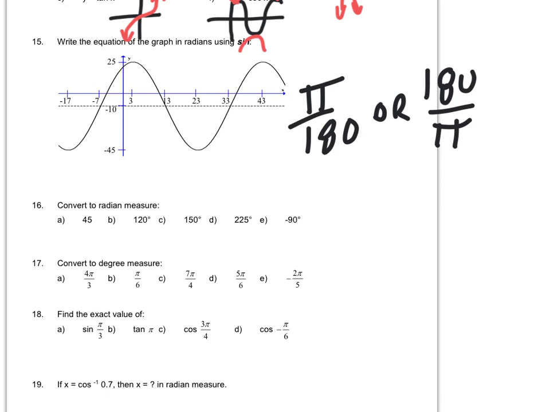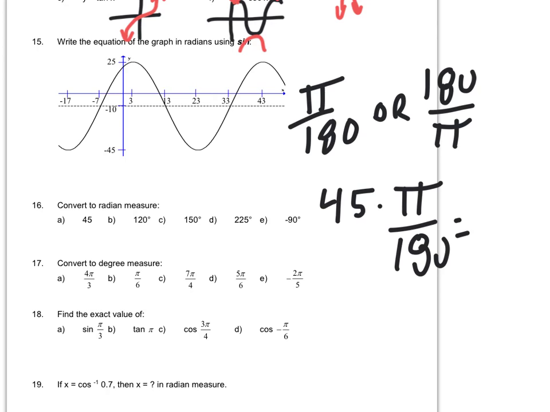So we start with 16a, 45 times, we're converting to radians, so it's going to be pi over 180. That equals pi over 4.